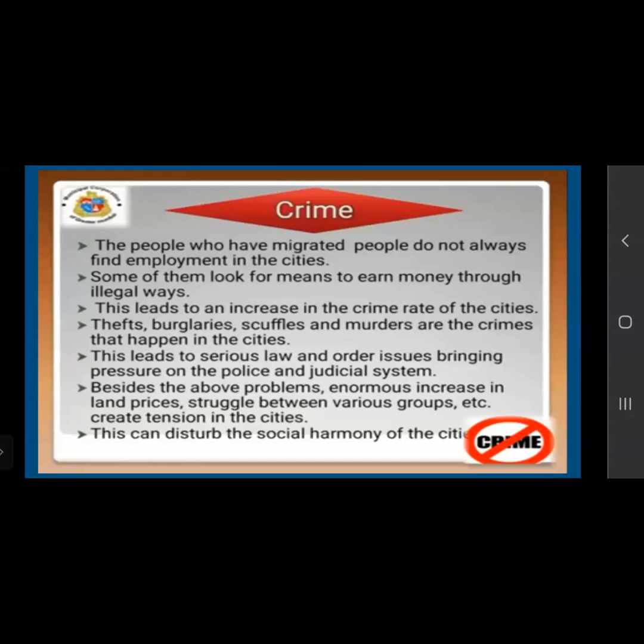So groupism is there, and thus tension is created in the cities. This can disturb the social harmony of the cities. Many riots we have seen, and strikes are going on. These lead to disturbing the social harmony of the cities.